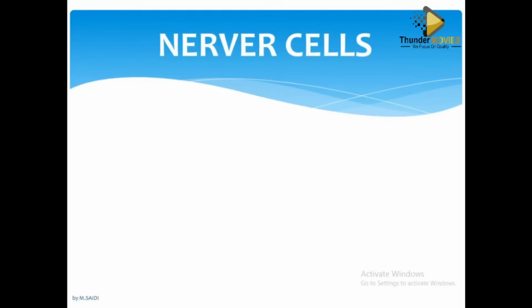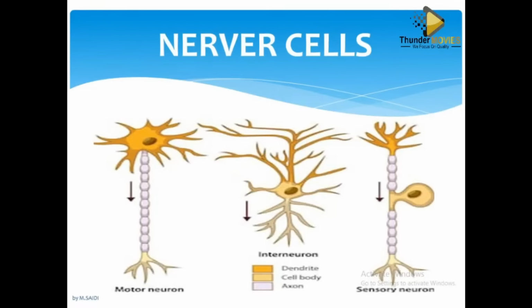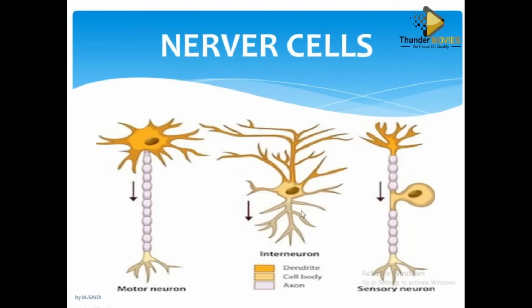Let's look at nerve cells. Nerve cells are divided into 3 groups or categories. The first one, we have the motor neuron, we have the intermediate neuron, and then we have the sensory neuron. These 3 nerve cells are differentiated among them by the location of the cell body.